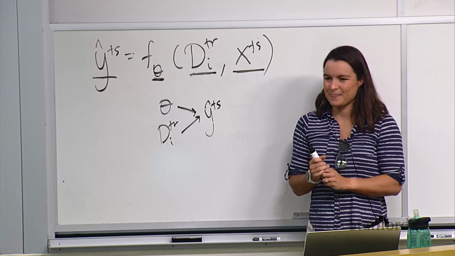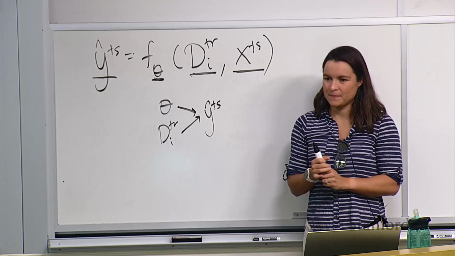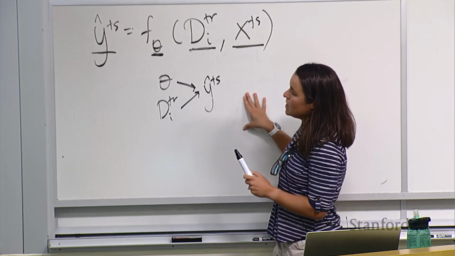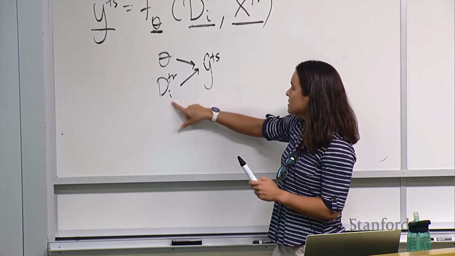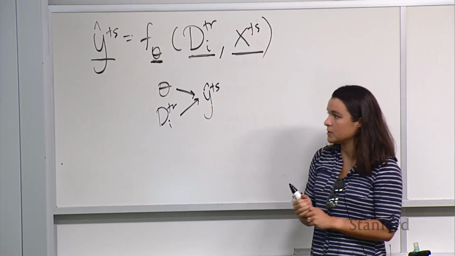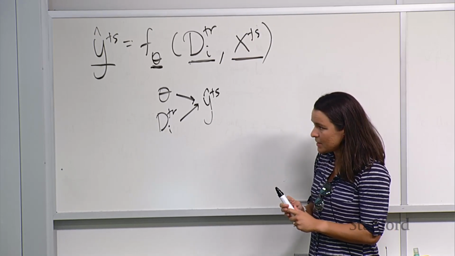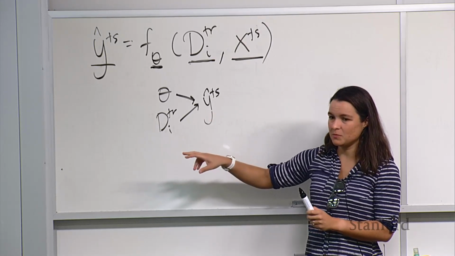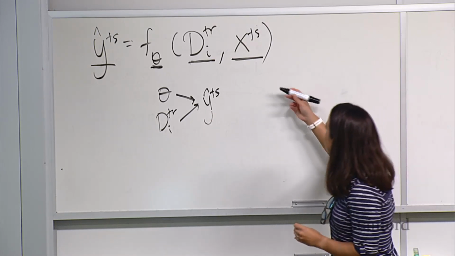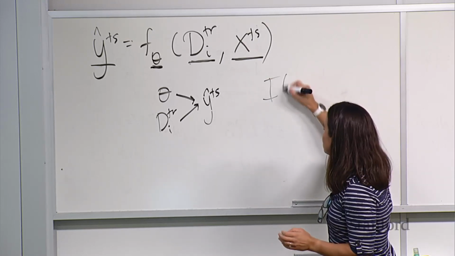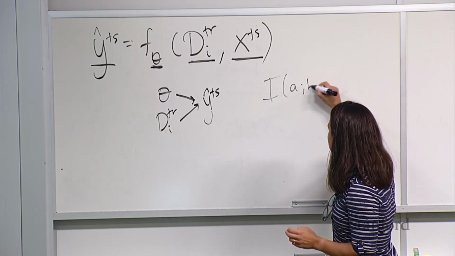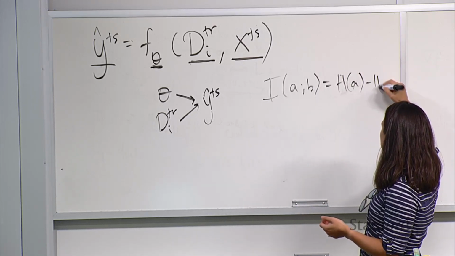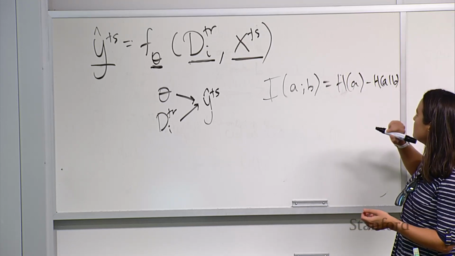Yeah? Can you clarify what you mean by maximizing mutual information between the support set and the query set prediction? I mean that in the mathematical sense. If you view these as 2 different random variables, then there are a number of ways to define the mutual information between 2 variables like A and B. One way is in terms of the entropy of the 2 variables.